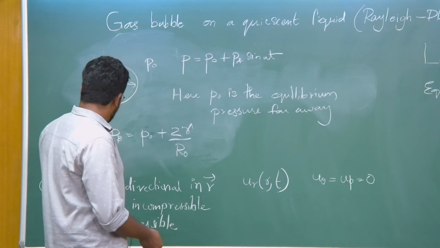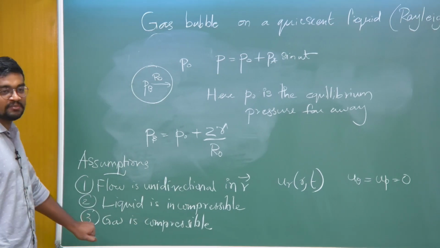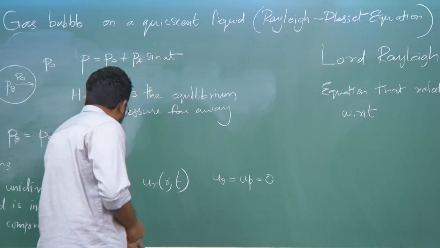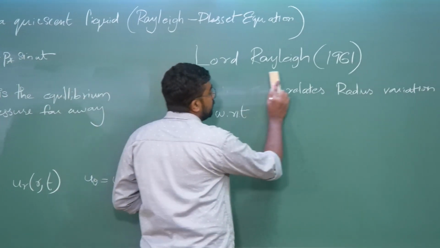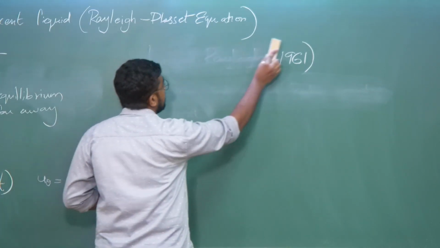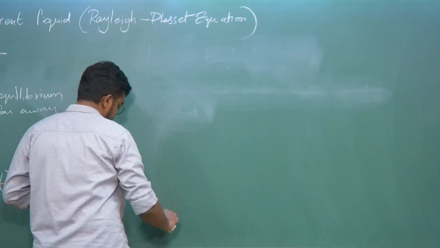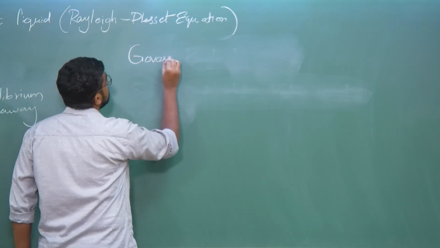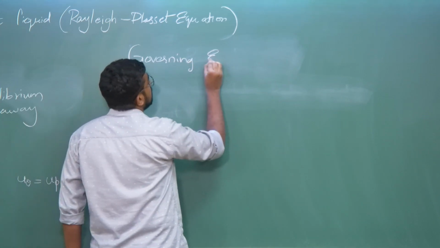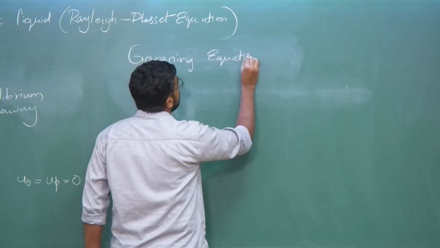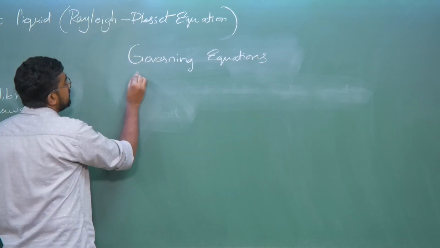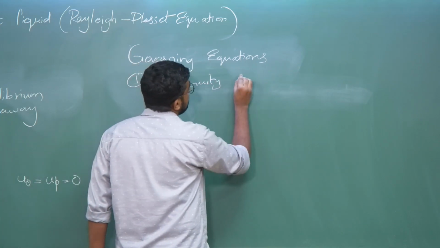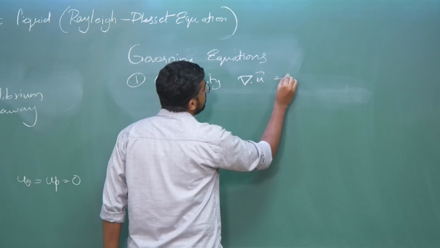So, these are the assumptions that we have. Now, we need to solve the usual governing equations, that is the continuity equation and the Navier-Stokes equation. First one is continuity, del dot u equal to 0.